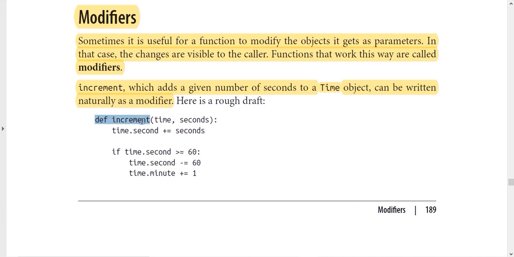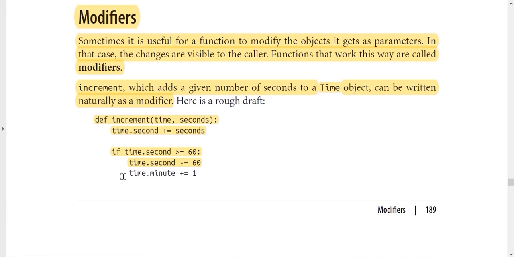Here the increment method takes two arguments, the time and the seconds, and then what does it do? In the time object, it adds the seconds argument to the time dot seconds attribute. So after that, we are checking if the time dot seconds is greater than or equal to 60, then this seconds value will be subtracted from the time dot second attribute.